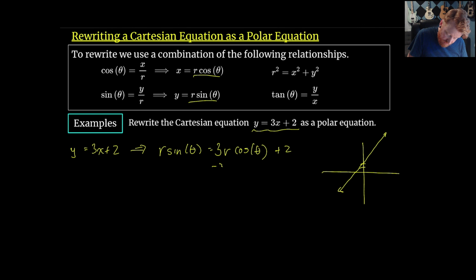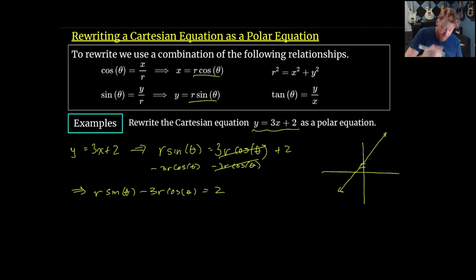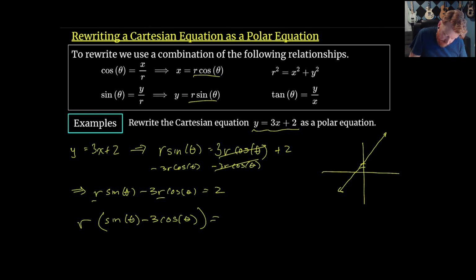So I'm going to subtract 3r cosine theta from both sides, minus 3r cosine theta. Here they're canceling. So now what I've got is r sine theta minus 3r cosine theta is equal to 2. I can factor an r out since they both have an r in them. So I've got r times sine theta minus 3 cosine theta is equal to 2.